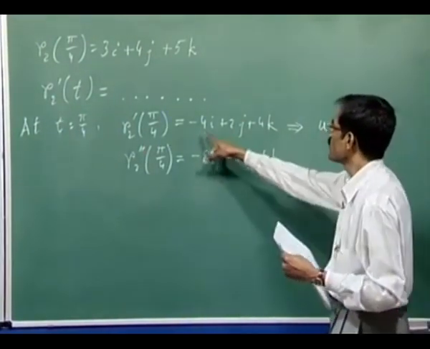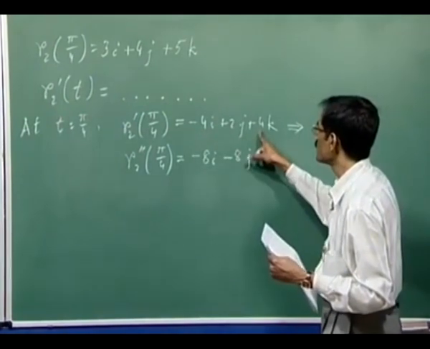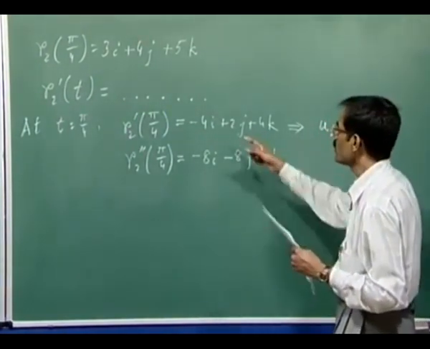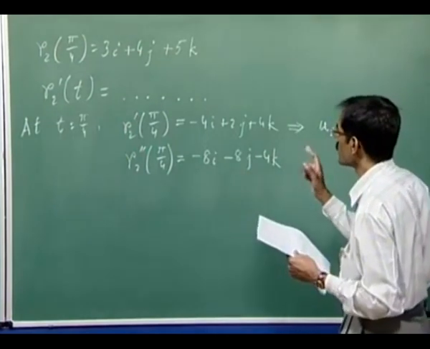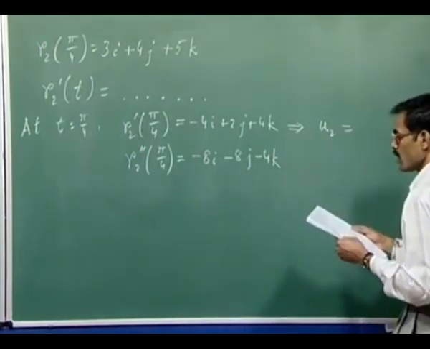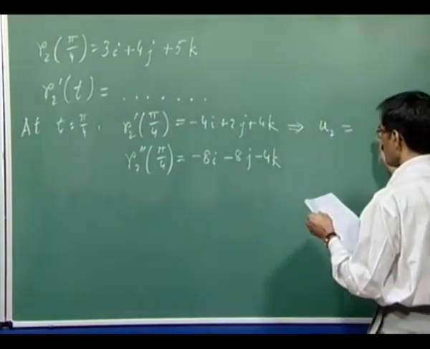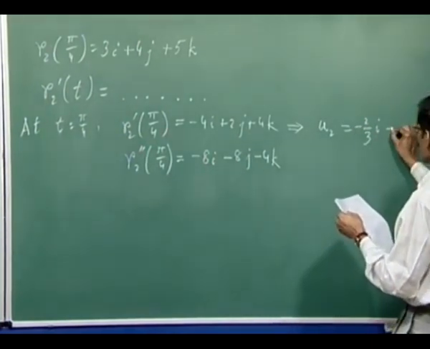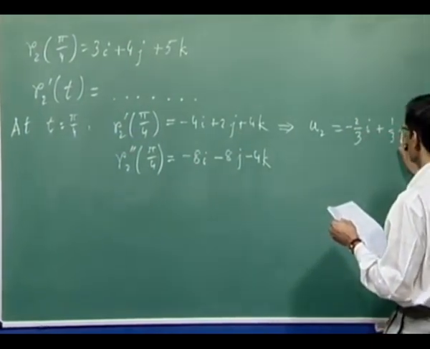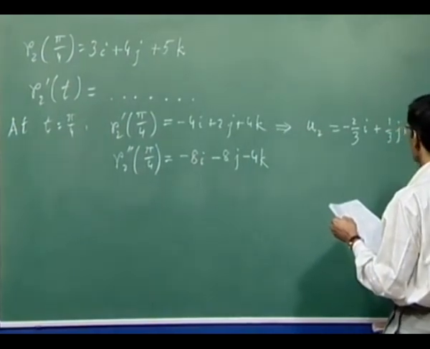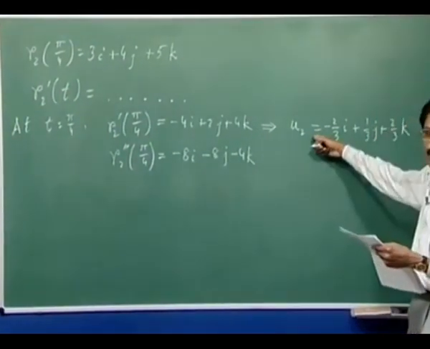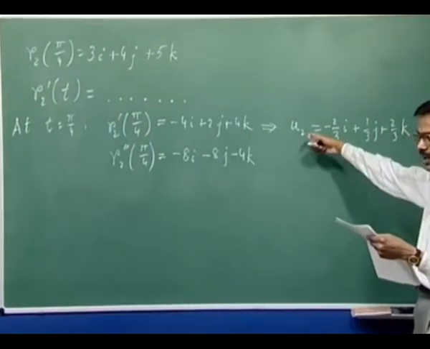Now this is minus 4, 2, 4, right. So, what will be the magnitude? Magnitude will be 6, right. So, you divide by 6. So, you get minus 2 by 3 i plus 1 by 3 j and plus 2 by 3 k. This turns out to be the unit tangent at the starting point for the second curve.